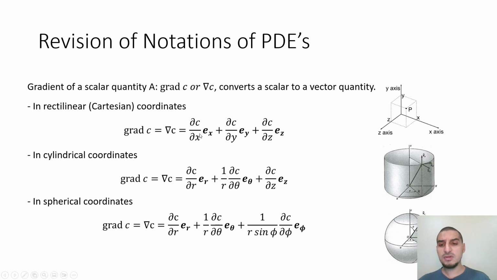And in this case, any vector will have a component in x direction, a component in y direction, and a component in z direction. So this is how we define the direction to get the component of this vector or this quantity in each one of the three main dimensions.